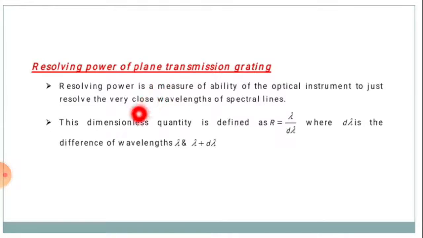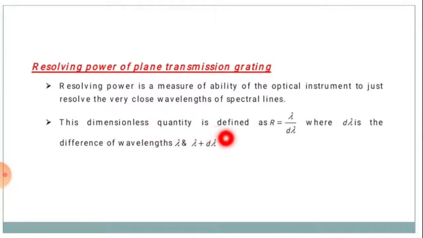The resolving power of a grating may also be defined as the ratio of the wavelength lambda of any spectral line to the difference of wavelengths between this line and the neighboring line, such that the two spectral lines can be just seen as separate.